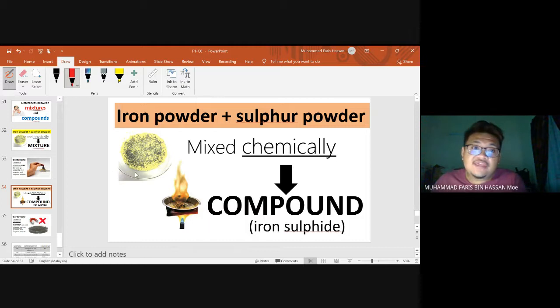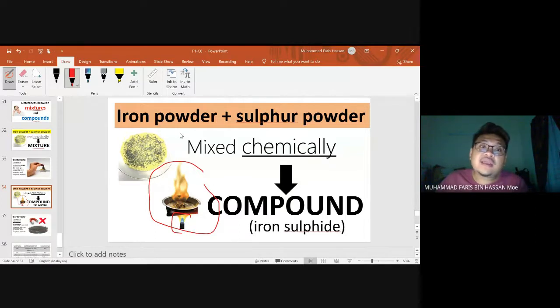However, if the iron powder and sulfur powder are mixed chemically, we need to use heat energy. So we need to use the Bunsen burner here. We mix both the iron powder and sulfur powder in the crucible, and then we heat the mixture.